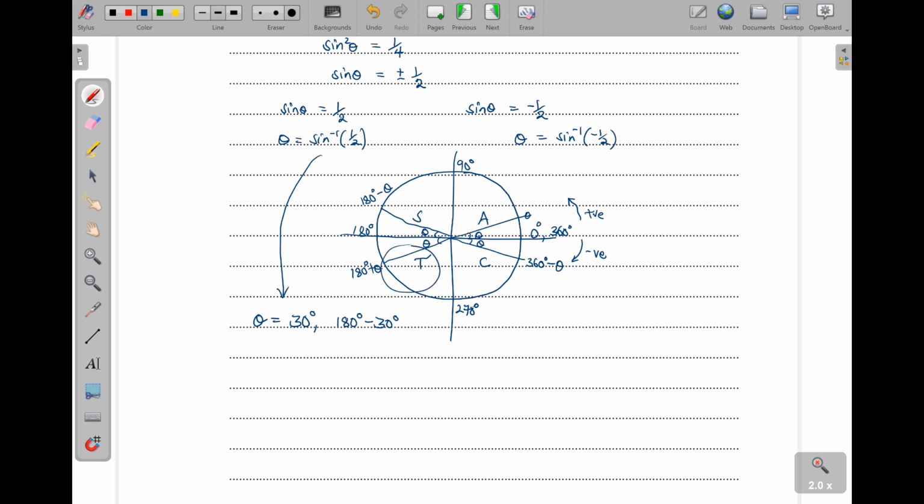In the third quadrant and fourth quadrant. So how would we get the angles from there? Theta is going to be equal to 180 plus that acute angle, okay? And then 360 minus that acute angle. So this therefore means that our theta is going to be equal to 30 degrees, then 150 degrees, then we have 210, and then 330 degrees. That is that.